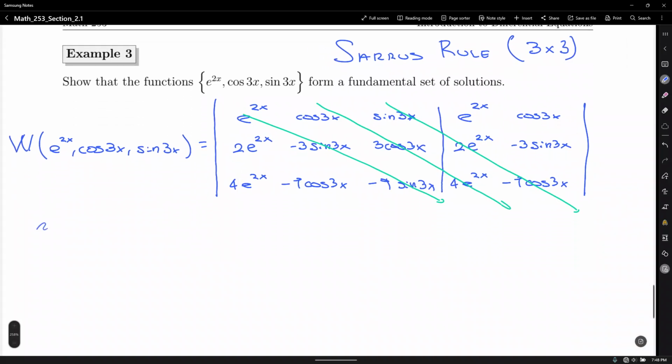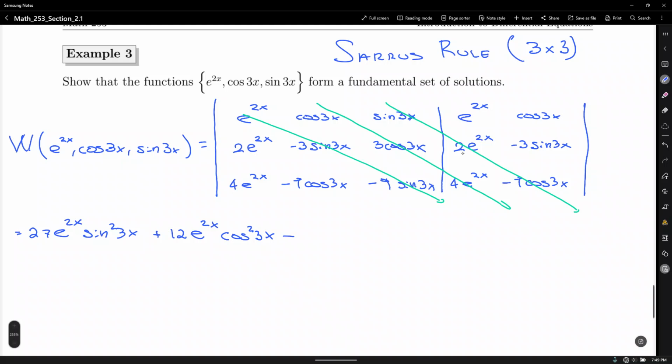This will be equal to negative 3 times negative 9, coefficients first, that's 27 e to the 2x, sine times sine, that's sine squared 3x. And then what do we have? Plus coefficients first, 4 times 3 equals 12. I'm going to write the exponential first, e to the 2x, and then cosine times cosine, that's cosine squared 3x.